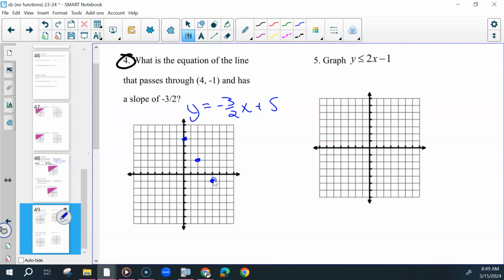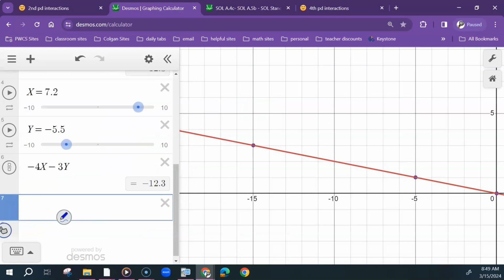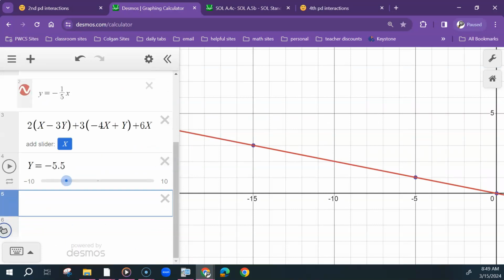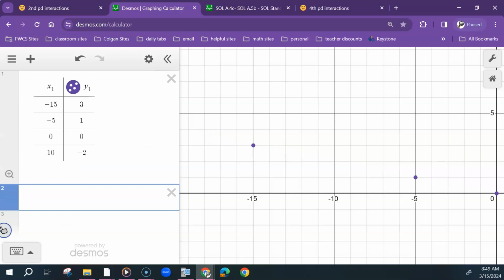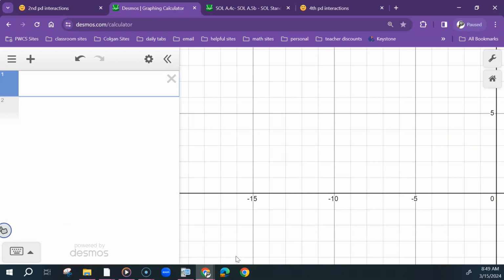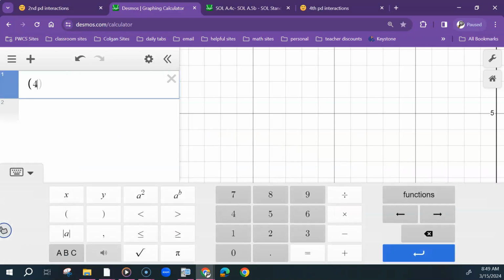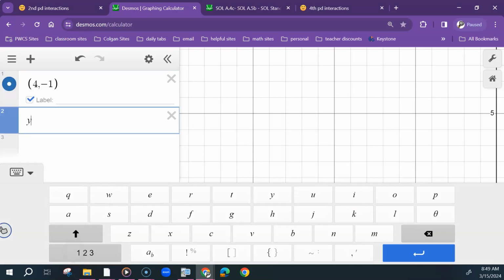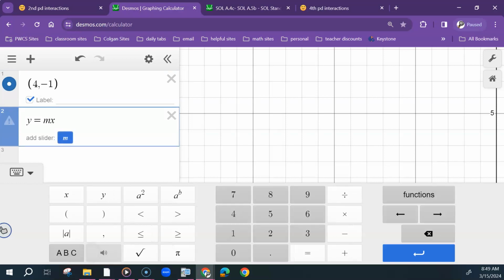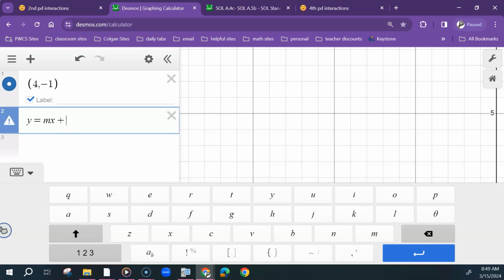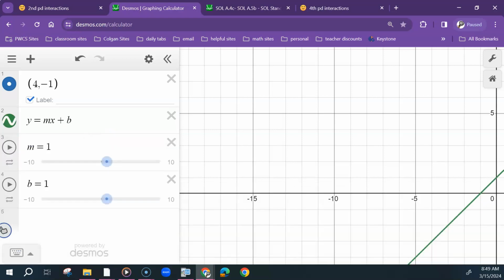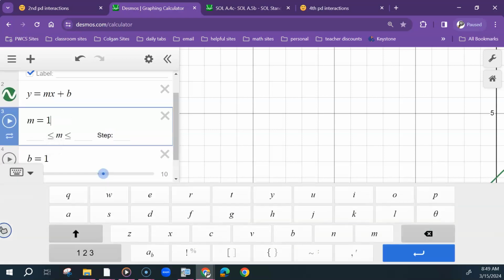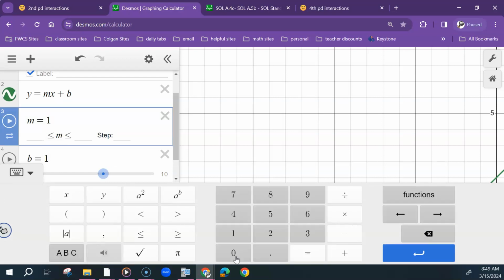But if you were to put this into Desmos, if I put in the point and then typed in y equals mx plus b, added sliders, changed my m to be -3/2.